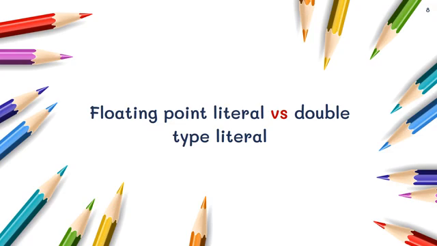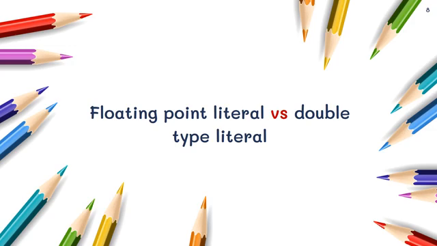State the difference between the floating point literal and double type literal. The floating point literal has the range from minus 3.4 e plus 38 to 3.4 e plus 38, whereas double data type has the range from minus 1.7 e plus 308 to 1.7 e plus 308.